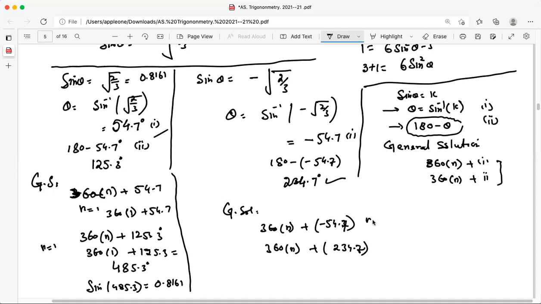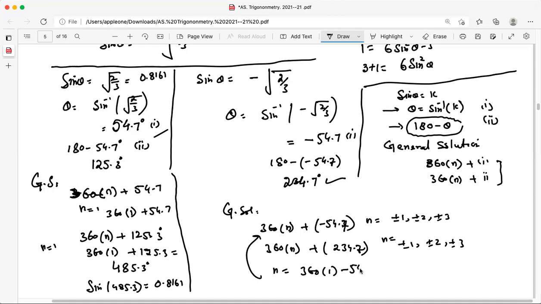Now please change n values to 1, 2, 3, but I will say plus minus 1, plus minus 2, plus minus 3, and so on. It's basically plus minus. That's the method: plus minus 1, plus minus 2, plus minus 3 for n.